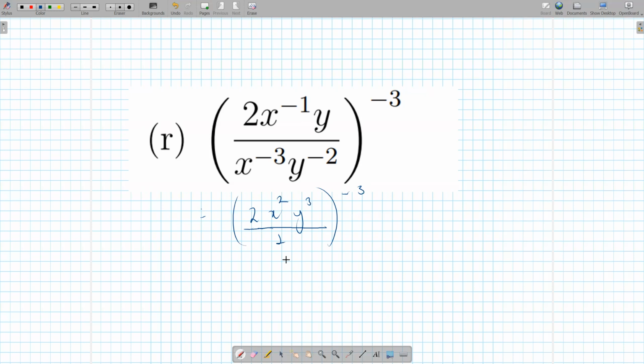Let's use the advanced technique to save time. It's not really advanced, this is just an exponent trick. If you get something like this, you flip it upside down, the exponent automatically becomes positive, right? Like that. Mm-hmm. I can also do this to start off with in the very first step, but it's easier when it's cleaned up. And now the cube applies to everything.